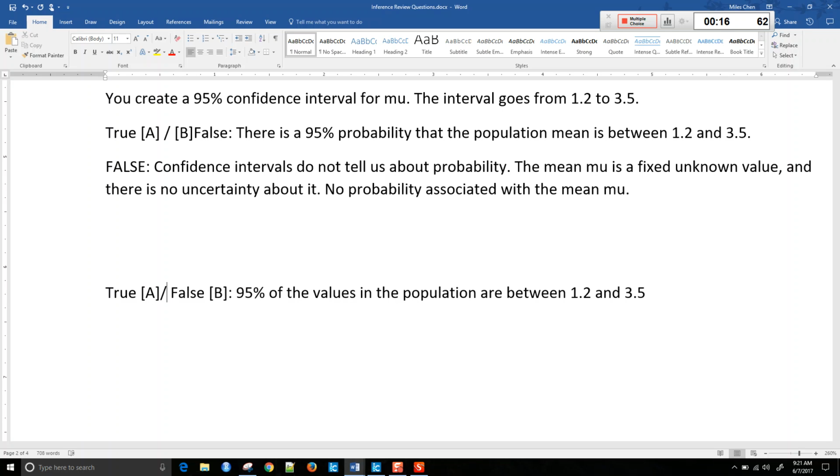We create a 95% confidence interval for mu. The interval goes from 1.2 to 3.5. True or false, 95% of the values in the population are between 1.2 and 3.5.